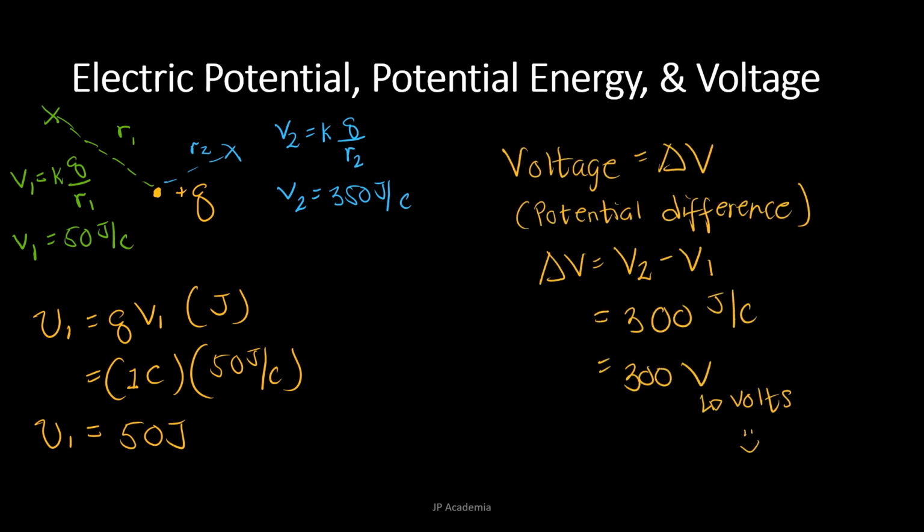Voltage is different but related to electric potential because voltage is the electric potential difference between 2 points. It has a unit of joules per coulomb, but we can also define it as volt. And for this case, if we are getting the potential difference at point 2 and point 1, V sub 2 minus V sub 1, we have 300 volts.